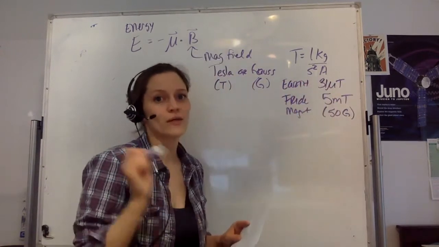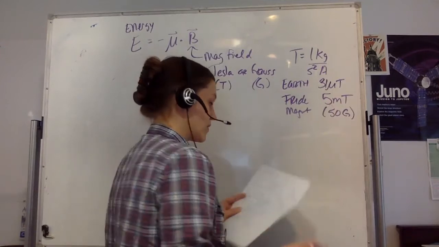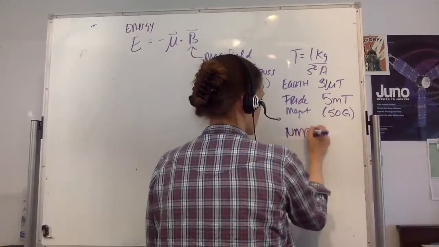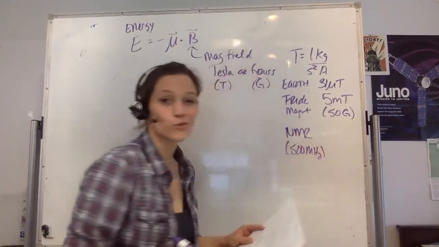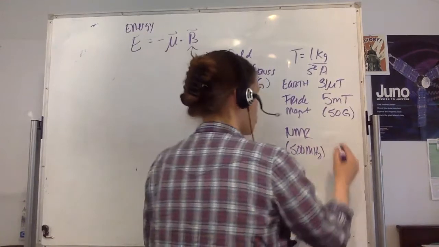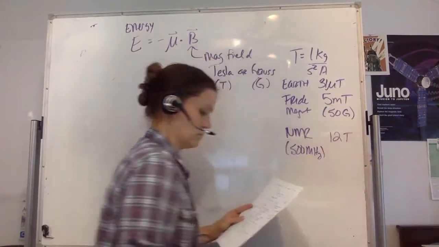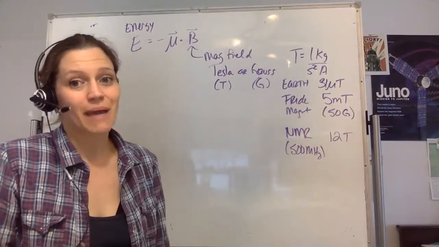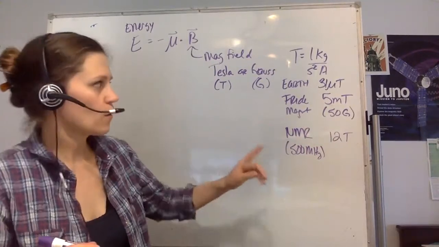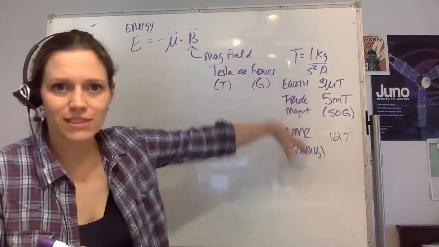Very, very, very weak. Okay, a typical NMR, this is a 500 megahertz. Ours is a 400, by the way, is 12 Tesla. Huge, that's pretty big. Or as I like to say, big ass magnet. Okay, so that just gives you a sense of what Tesla is.